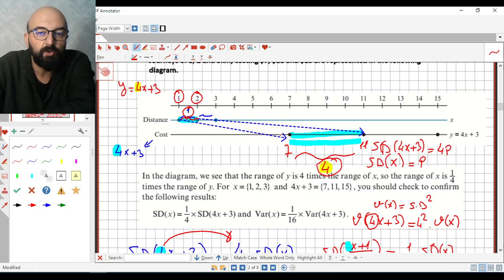Okay, because their interval changed. The interval of distance is 1, but the interval of cost becomes 4, because we multiply x by 4.